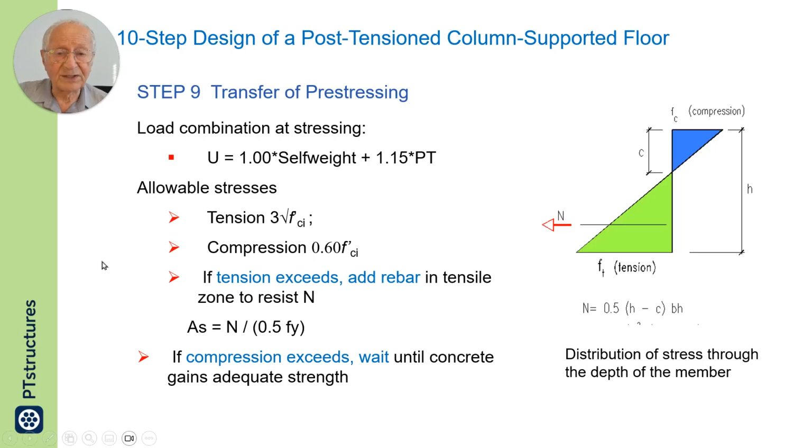The load combination for the check of tension and compression is this. Not given in ACI, but it is used by engineers in common practice. It is self-weight plus a larger fraction of PT assumed in long term because losses have not taken place.